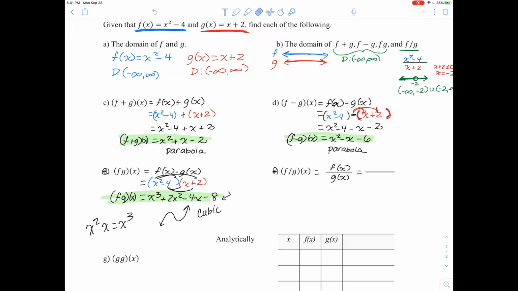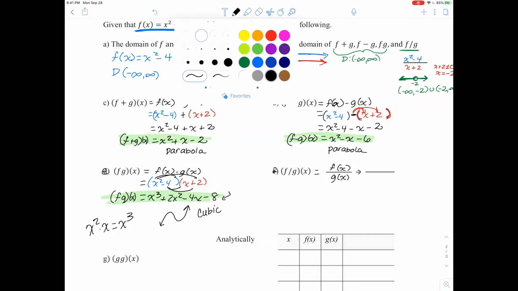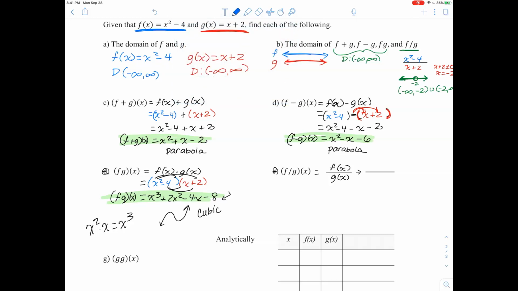And I'm not going to use equal signs. I'm going to use arrows just to indicate my movement forward. So my f of x is x squared minus 4. And my g of x is x plus 2. Remembering that x is not allowed to equal negative 2 because of our domain restriction. So remember, that is our one domain restriction.